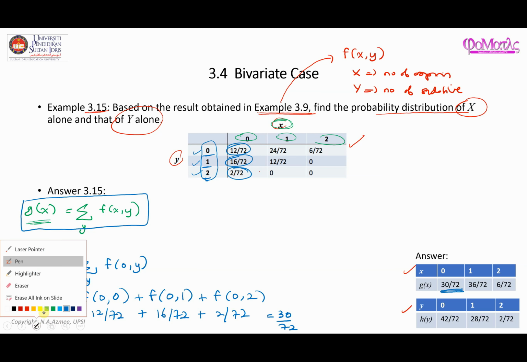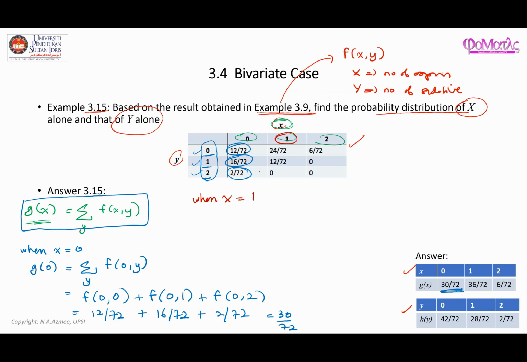Now let's move on to the next value of x, which is 1. So now when x is equal to 1, we're going to repeat the process. What we have is g(1), and this is the summation over all y of f(1,y).